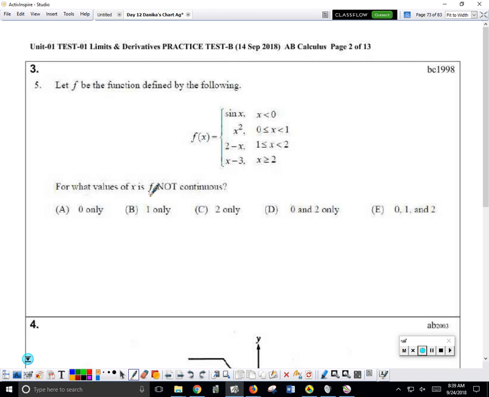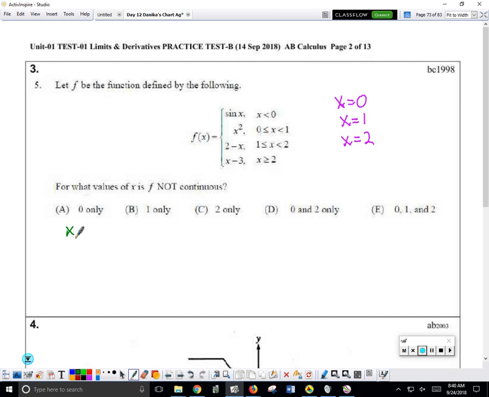Good. So I have to worry about jumps and removables. On a piecewise, those only occur at the places where we go from formula to formula. So the only values I'm worried about are x equals 0, x equals 1, or x equals 2. That's all I'm worried about. And I need to pay attention to what happens close to those points.